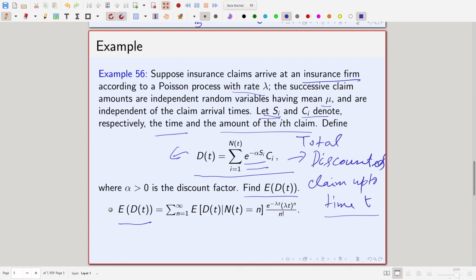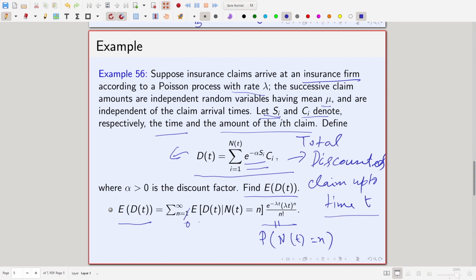So the expectation of D_t is the sum over n running from 0 to infinity of the expectation of D_t given N_t equal to n, times the probability N_t equal to n. It is sum from 0 to infinity because N_t is a Poisson random variable, so it takes values from 0 to infinity. So we find the expectation by conditioning on the number of arrivals up to time t.